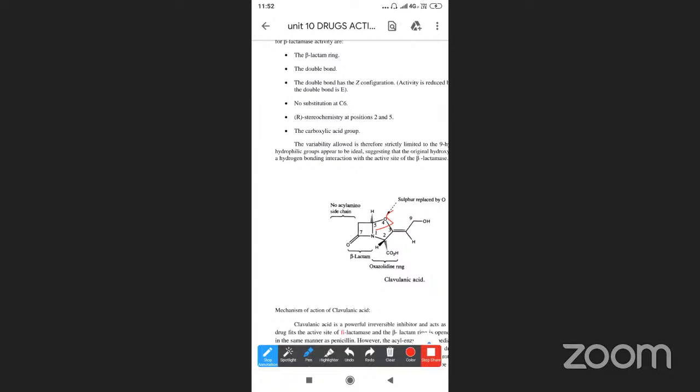In the penicillin we have the sulfur, but in the clavulanic acid we have the oxygen here, right? The sulfur is replaced by the oxygen. So these are the structural modifications of the penicillin in order to get the clavulanic acid, which acts as a beta lactamase enzyme inhibitor, right?